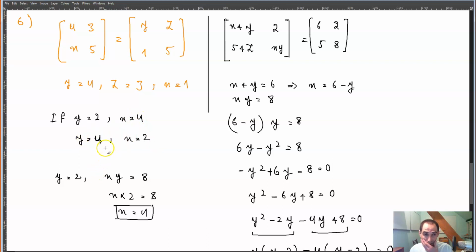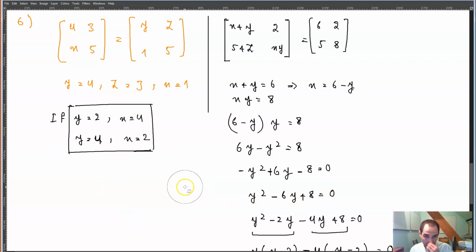So you can say that either x is equal to 4, y is equal to 2, or x is equal to 2, y is equal to 4, both will satisfy the system of equations. So we have no problem with that.